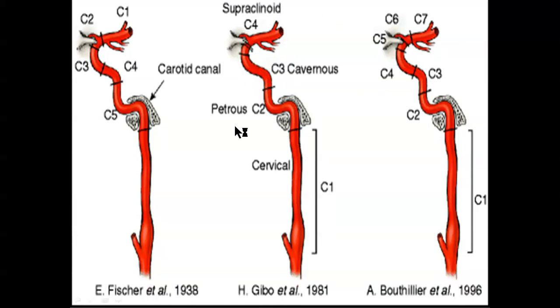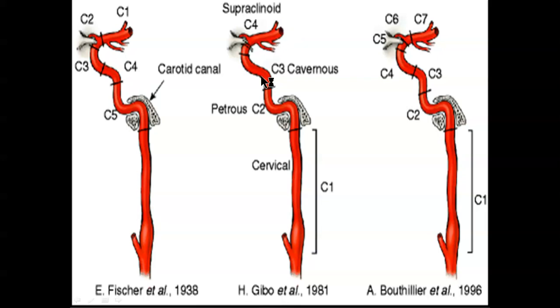So what he said, this one is the extracranial and this one is extradural because the internal carotid artery hasn't entered the subarachnoid space yet. So hence this is the extradural part, whereas this supraclinoid part is all intradural, that is entering the subarachnoid space.